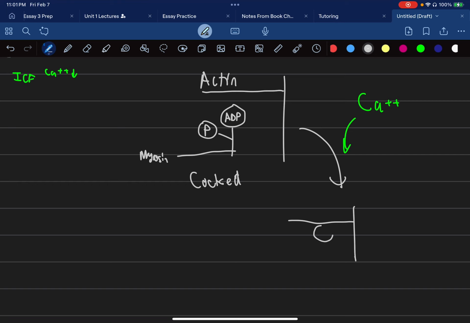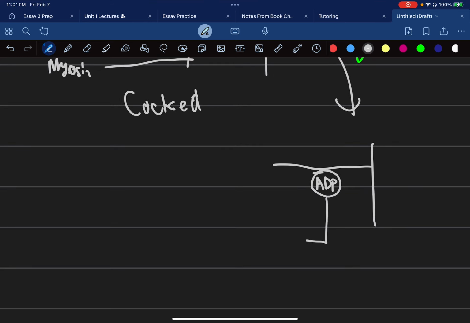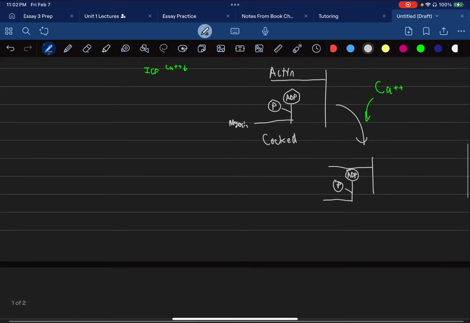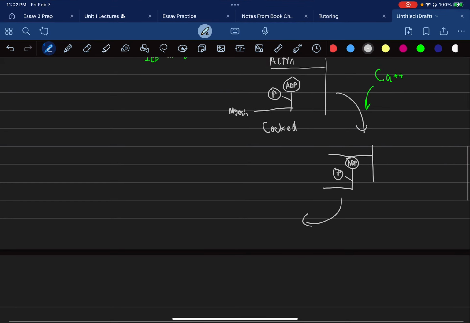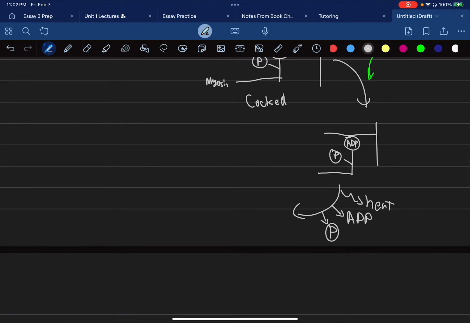So the myosin head is going to get up onto this actin. Still got that ADP on it and the phosphate. And when that bond is created, heat is going to be released, and that's going to cause the ADP and the phosphate group to be pushed off of that myosin. And what's going to happen next is the myosin will stay bound to the actin, but it's going to uncock here.